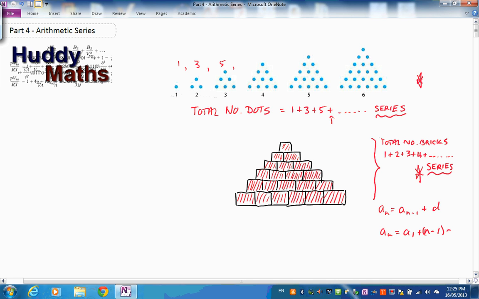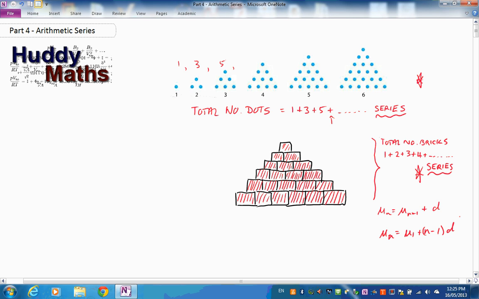But in better IB notation, as in the information booklet, u_n is u_(n minus 1) plus d. And down here we'd have u's again as well. So u_n is u_1 plus (n minus 1)d. So the relationship of each individual term is the same, but now we want to add them up.